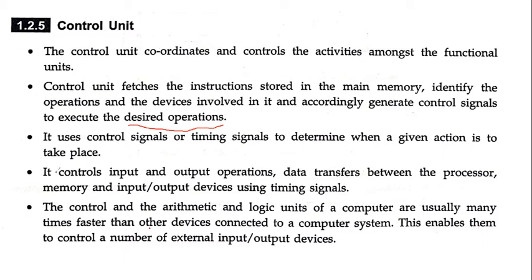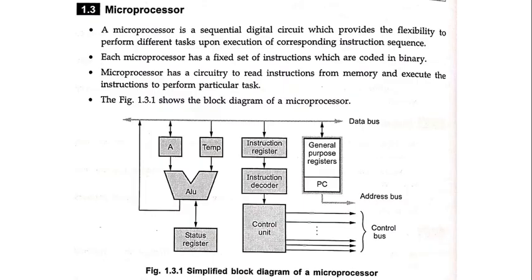This enables them to control a number of external input and output devices. So our computer is very fast compared to the other connected devices. So normally the control unit controls each and every parameter connected with the computer.